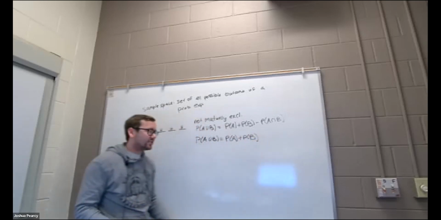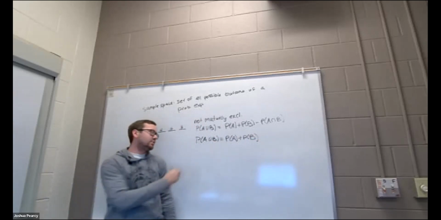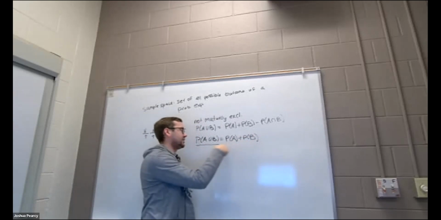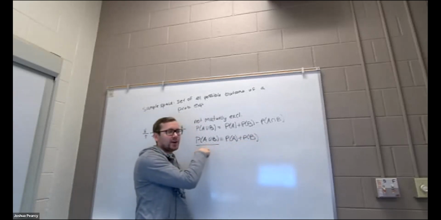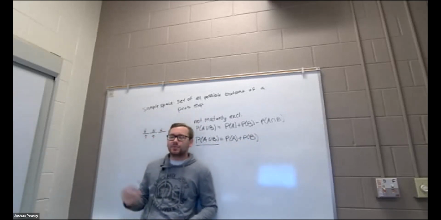All it's asking you to do is see if that condition is satisfied or not. If I tell you what this is, what this is, and what this is, the probability of A or B is going to be given, actually equal to the addition of these two. If it is, they're mutually exclusive. If not, they're obviously not.